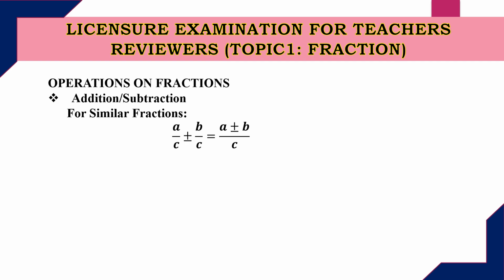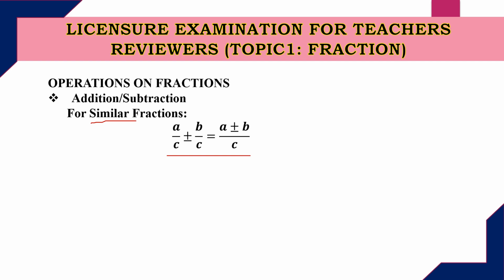When we add or subtract similar fractions, we just add or subtract the numerators and copy the denominator. Like the rule presented here: A over C plus or minus B over C is equal to A plus or minus B all over C. This is the rule for adding or subtracting similar fractions.